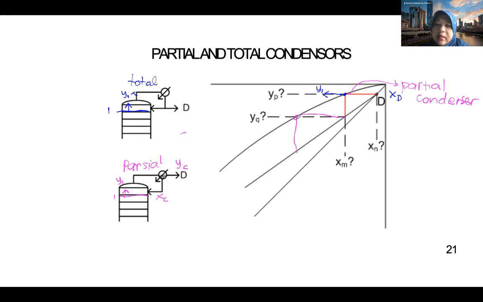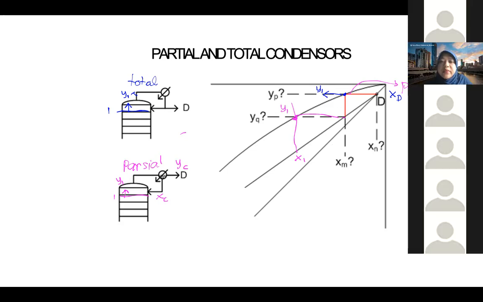This is the one that you're looking at for the partial condenser. And then this is going to be the x1 in the partial condenser, the pink one. Can you see the difference? Anyone want to have a question? Let me pause on this graph, the difference between total and partial.